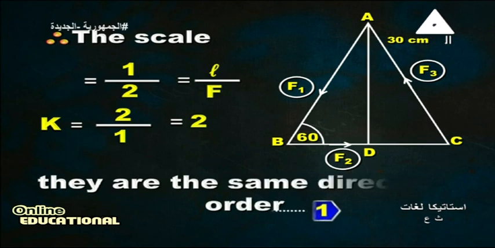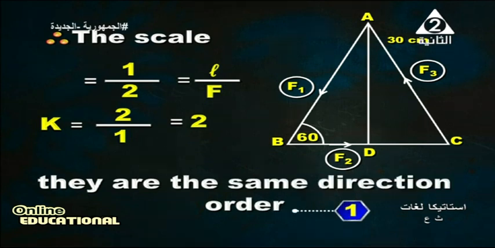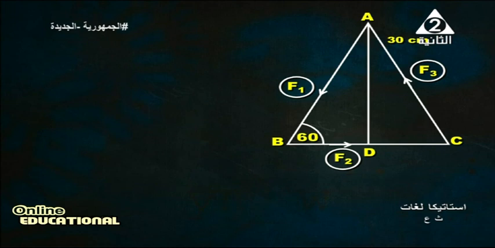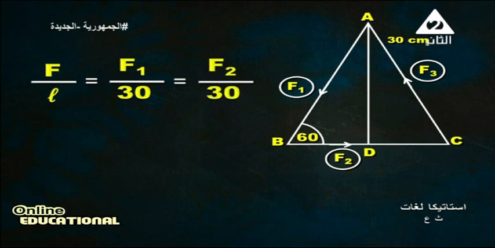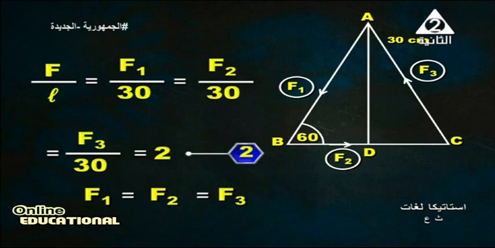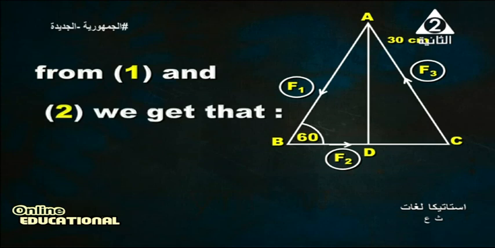Therefore, we know that they are in the same direction order or cyclic order. Moment of the couple equals twice the area of triangle ABC multiplied by the value of the constant K. Therefore, by using F1 over 30 equals F2 over 30 equals F3 over 30 equals K, F1 equals F2 equals F3.